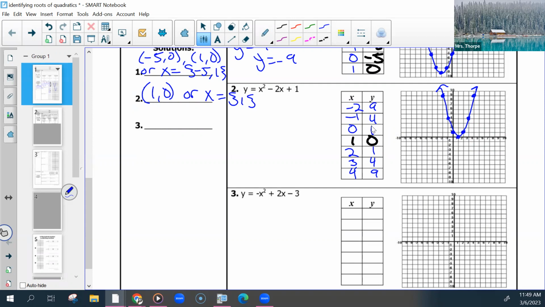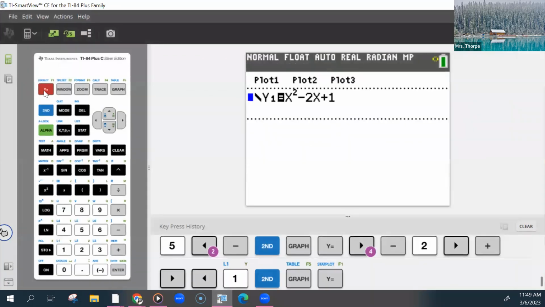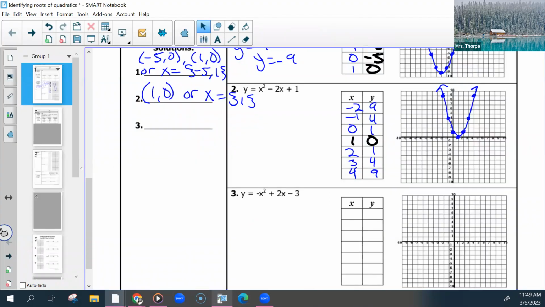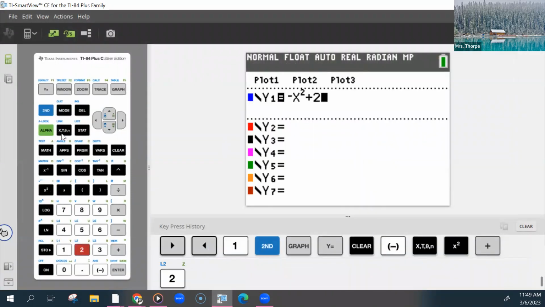The last one we're gonna do on the graph. So once you have that written down, go ahead and put this into your y equals, and graph it.